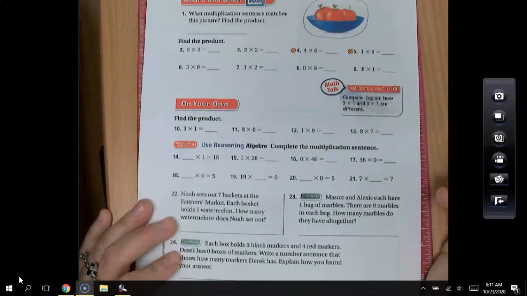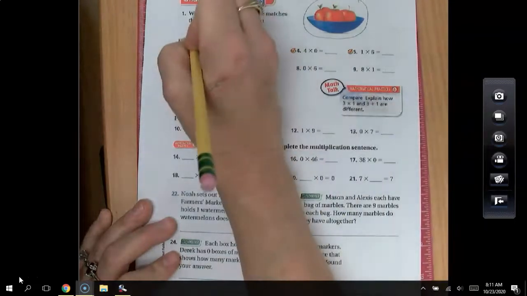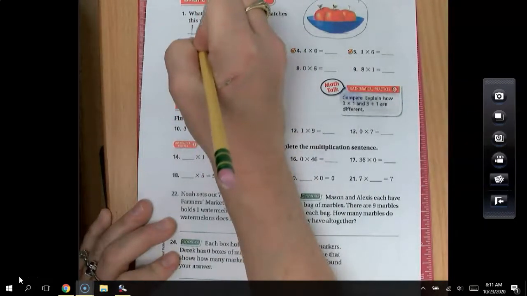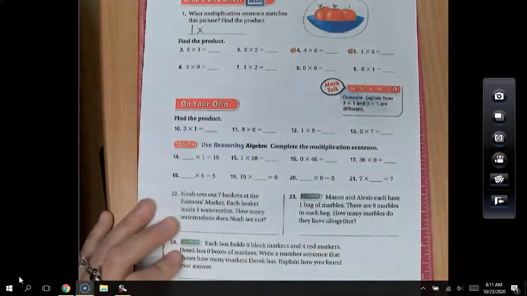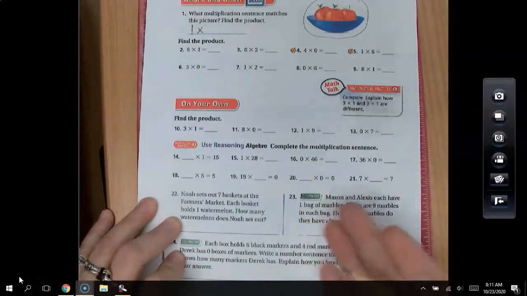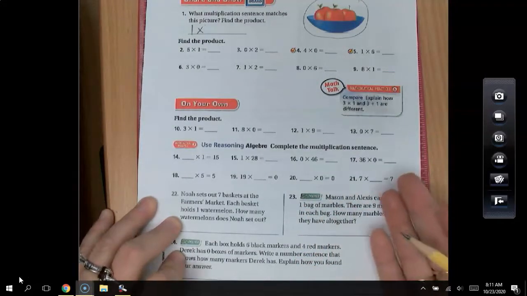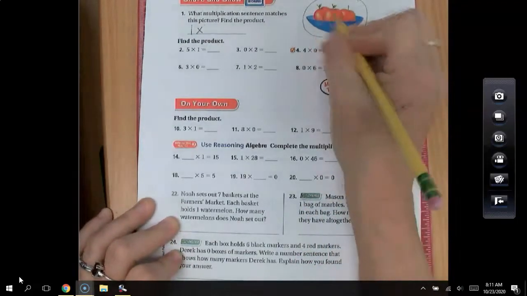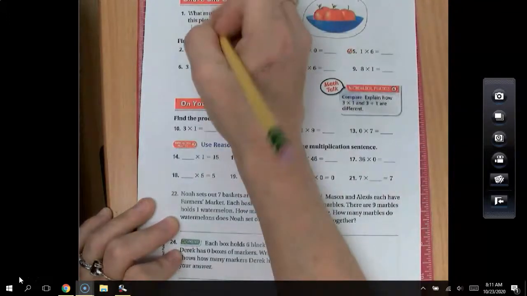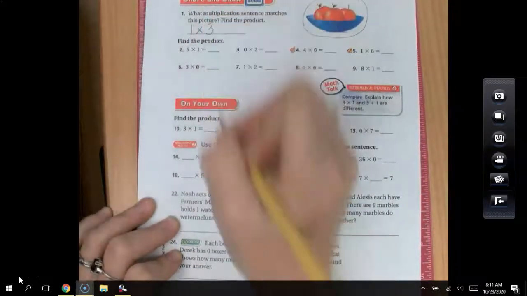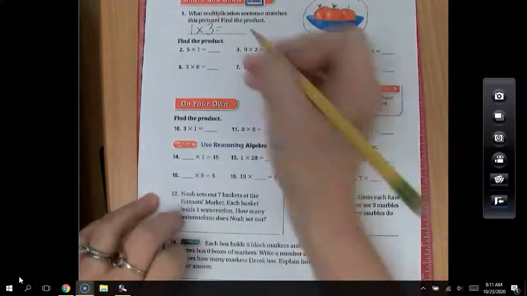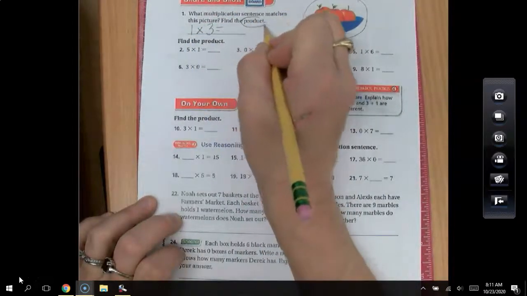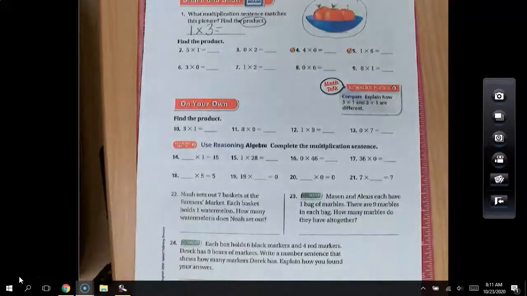Well, I only see one bowl, so I only have one group. And then I put an X there. That represents your multiplication sign. Now, how many apples do I have in that group? 1, 2, 3. I have 3 apples in that group. 1 times 3 equals, they want us to find the product.